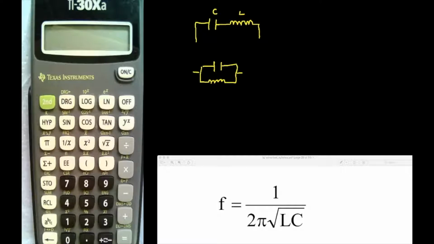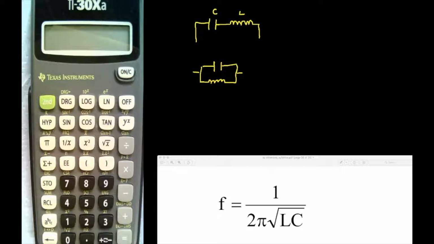So let's look at it from the point of view of the calculator once again. You might remember which one is an acceptor circuit and which one is a rejector circuit. In other words, which one is low impedance at resonance and which one is high impedance at resonance. Have a look at the video on tuned circuits if you don't remember that.